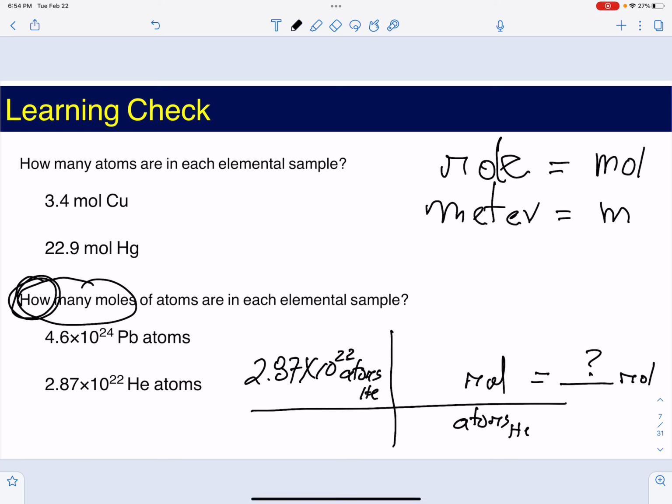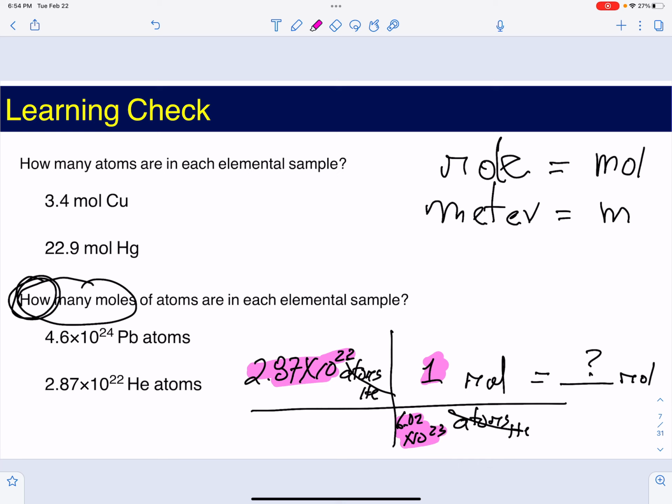So 1 mole, 6.02 times 10 to the 23rd. So on your calculator, 2.87 times 10 to the 22, the units cancel, multiply by 1, divided by 6.02 times 10 to the 23rd. And that should give you the number you want.